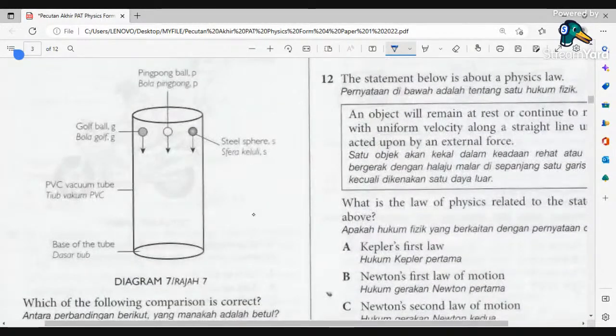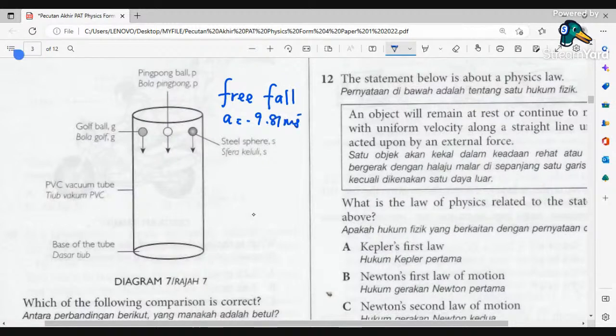As we know, if all the objects drop in vacuum, there's no effect of air resistance. So the object just fall down due to gravity pull. If object fall down due to gravity pull, the objects all experience free fall.